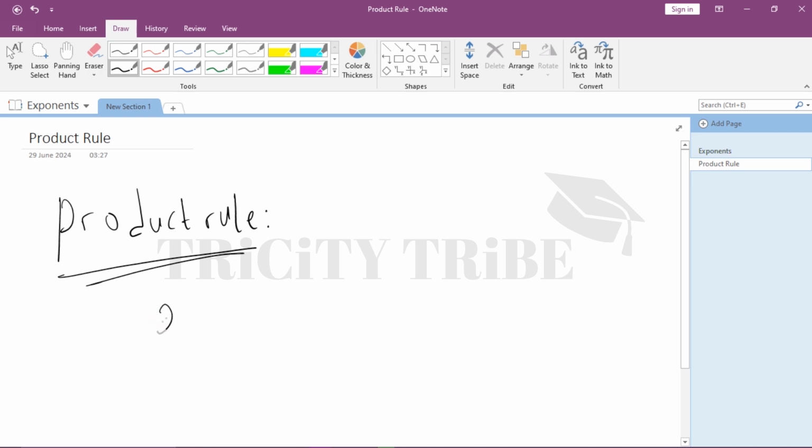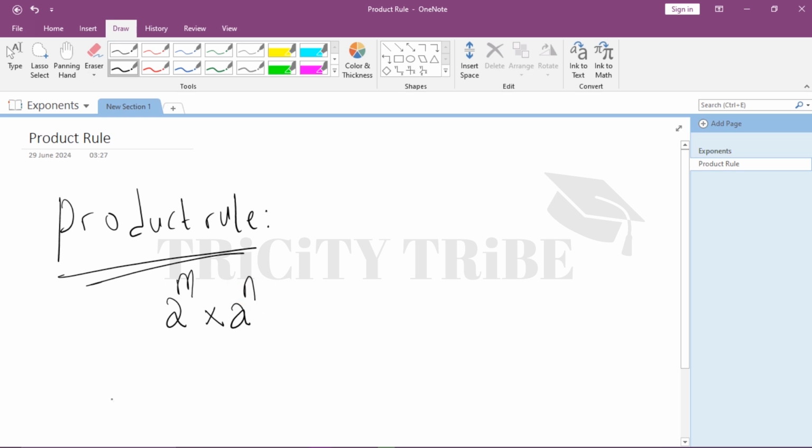If you have a letter A, I didn't draw my A very well, you have A multiplied by A. Now, when you have two letters like this, the same letter, you need to understand that there's usually a power on top of each of them.